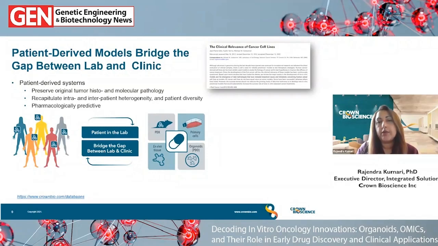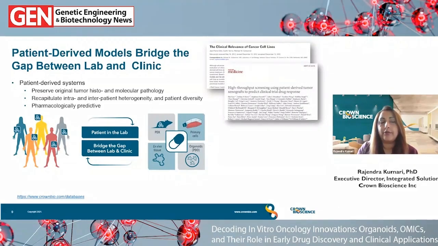So these patient-derived systems include PDX models, primary cells, patient tissue, and organoids. And PDX, for example, have been widely used for translational studies, and they've been shown to be highly predictive of the clinic, as shown by this paper here.